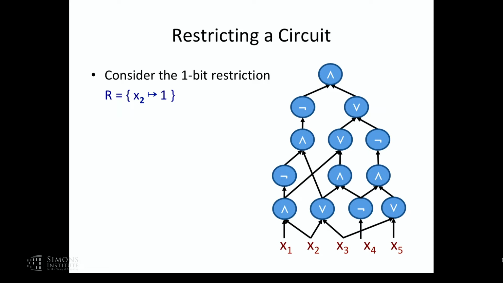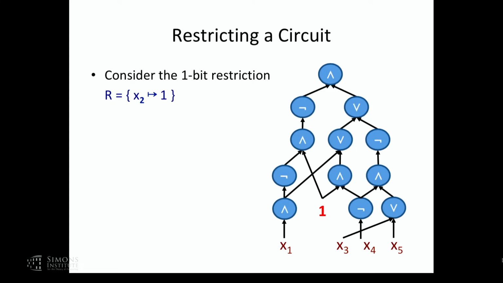Consider a 1-bit restriction. So the r here, the only variable which it fixes is x2, fixes it to 1. So here we have our Boolean circuit. When we apply this restriction, the x2 becomes the constant 1. So this 1 is feeding into these two gates, an OR gate and an AND gate. Note that this gate is forced to the value 1 here, whereas this gate just loses this wire.